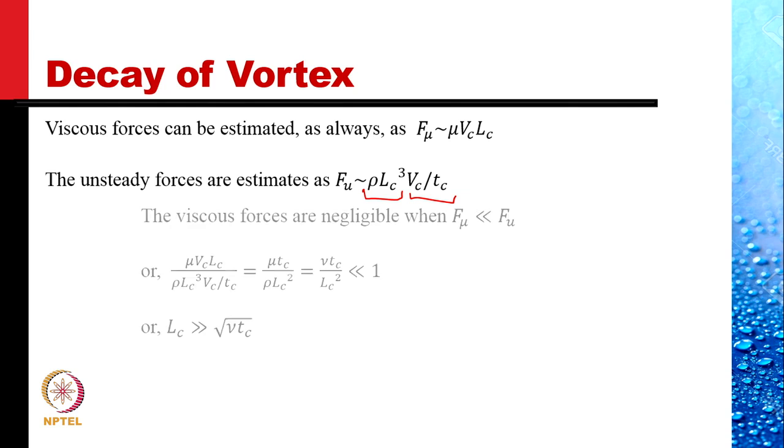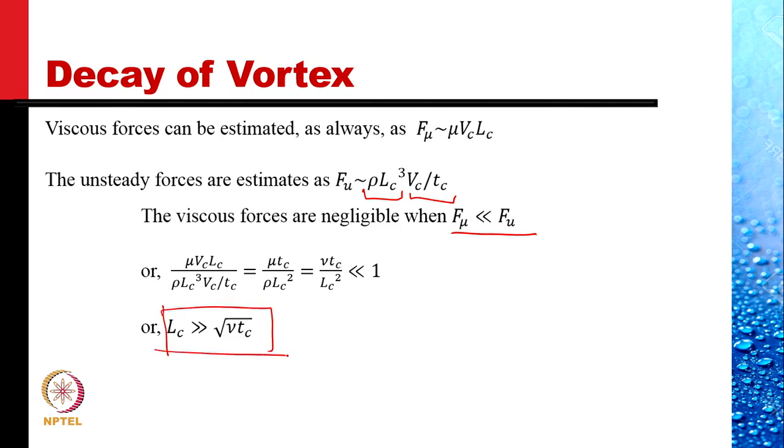And so the viscous forces are negligible whenever F mu is much less than Fu, which gives us that the characteristic length is like under root nu Tc. If we take the characteristic time as the actual time, then the radius of the core would be like the characteristic length, and that varies like under root nu T, as a square root of time.